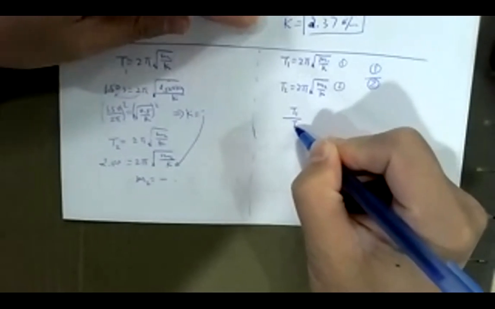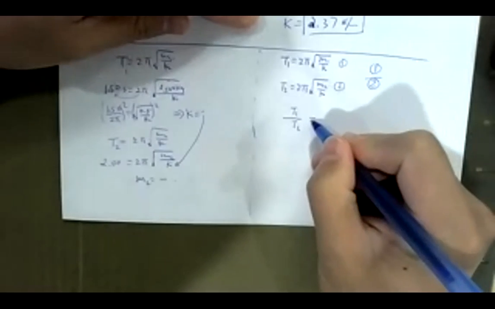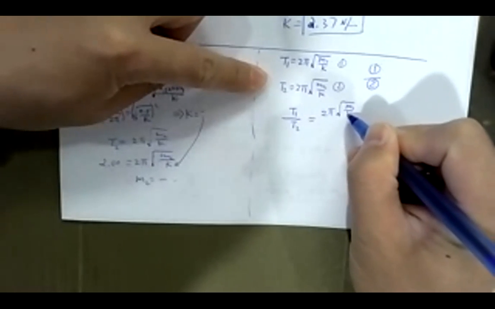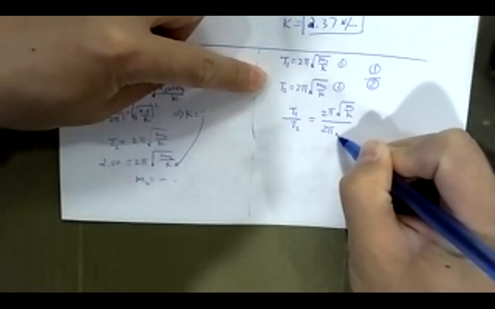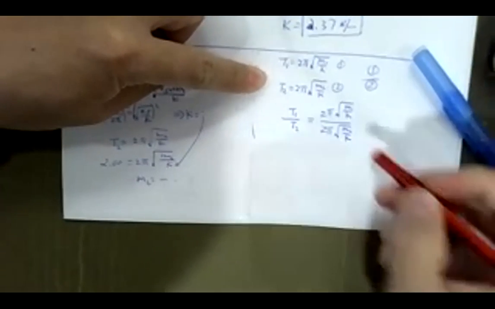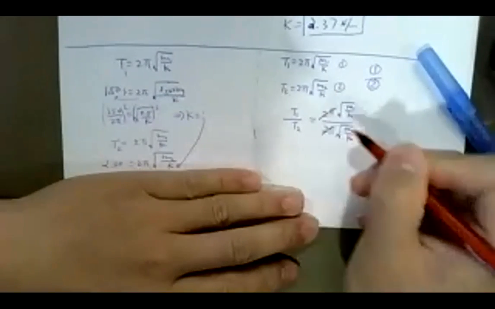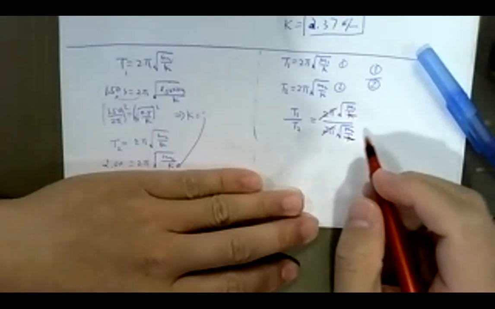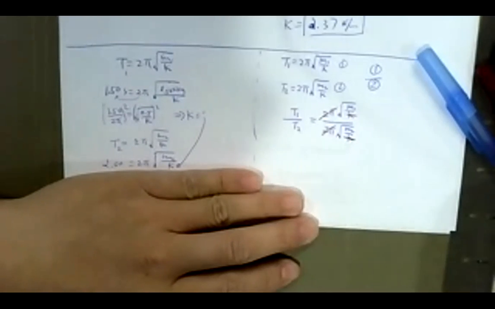That means the left hand side of equation 1 over equation 2 should equal the right hand side of equation 1 divided by the right hand side of equation 2. In this case, 2 pi and 2 pi will cancel out, and this k and this k will cancel out. So you end up not having to calculate k.